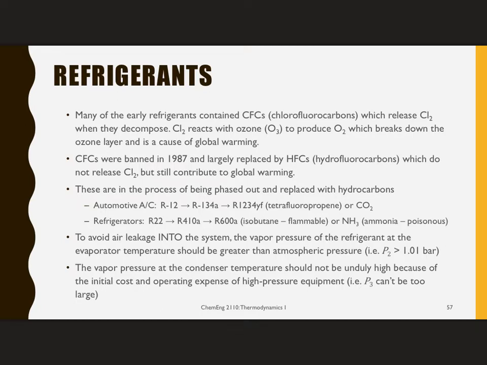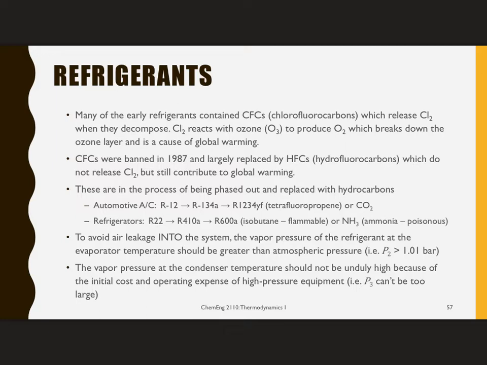Now, typically what you're going to find is that if you're looking at old automotive air conditioners, originally they were designed to work with R12, the Freon that we mentioned. More recently, since 1987, R134A, and as people became concerned with global warming, these have been replaced with either R1234yf, which is tetrafluoropropene, or carbon dioxide.